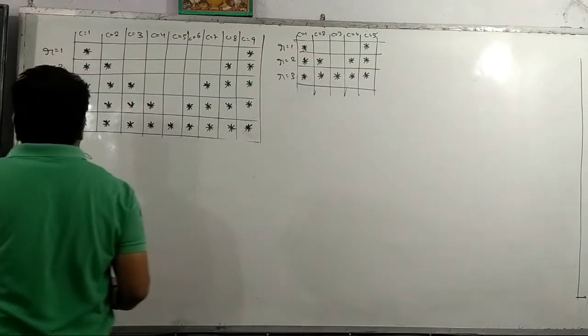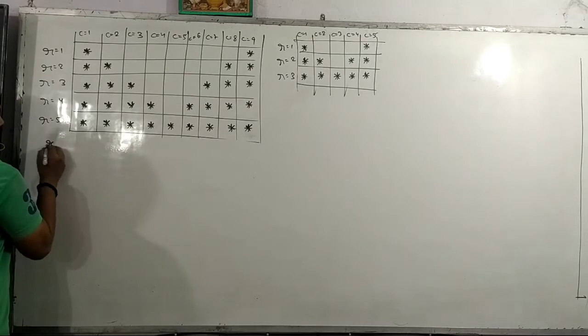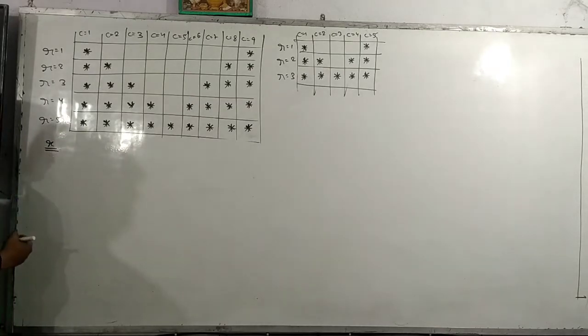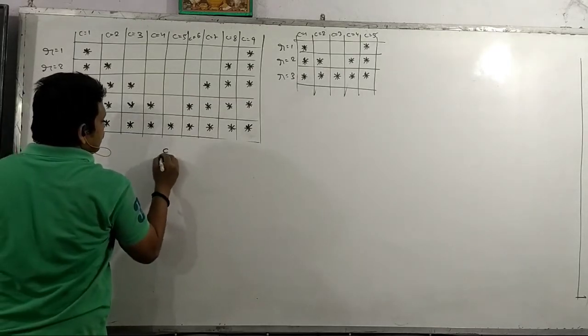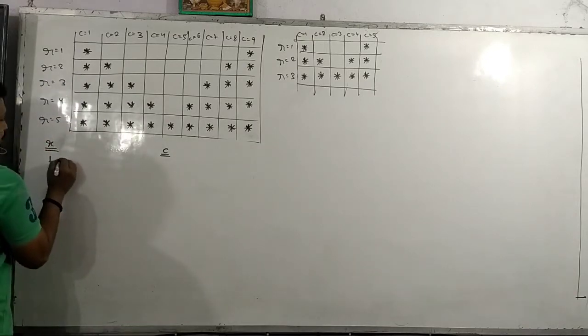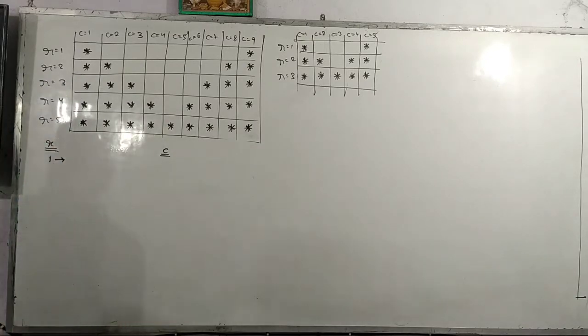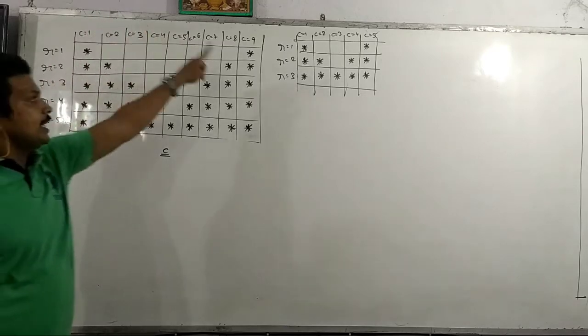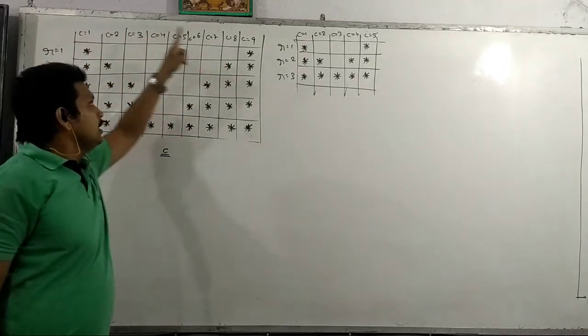Okay, now listen. Value of R and value of C. When R value is 1, on which values of C are the stars getting printed?